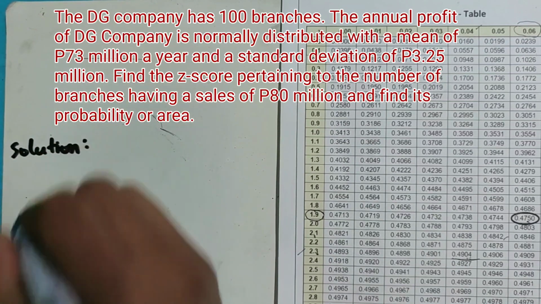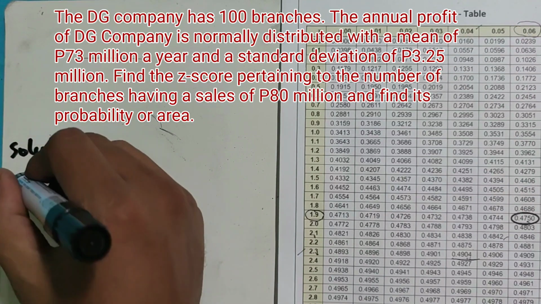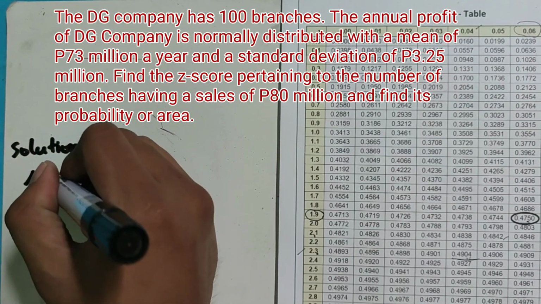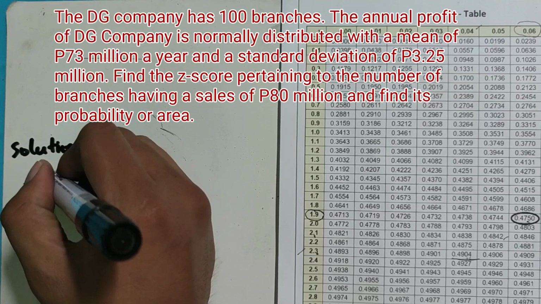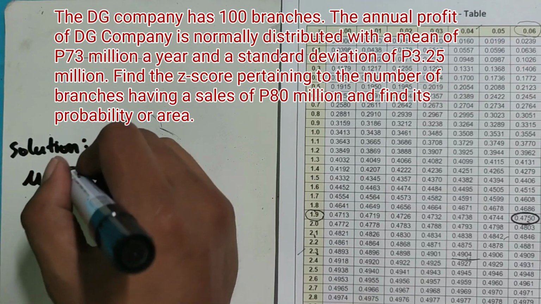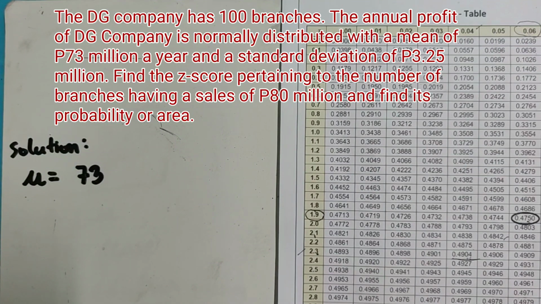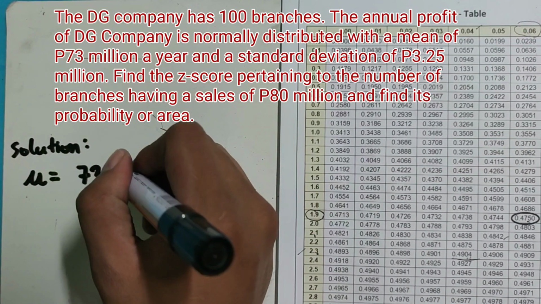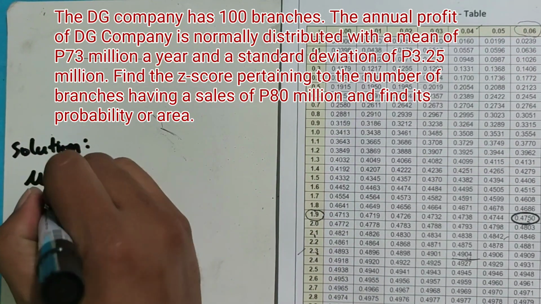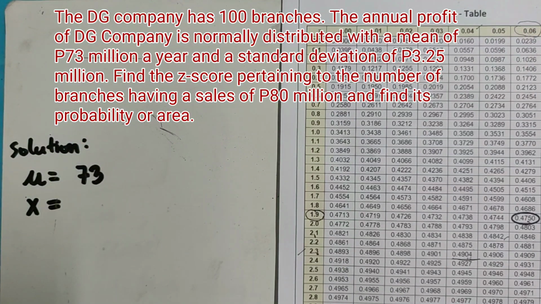For the solution, we have our population mean is with a mean of 73 million pesos, while our X, find the Z-score pertaining to the number of branches having a sales of 80 million.